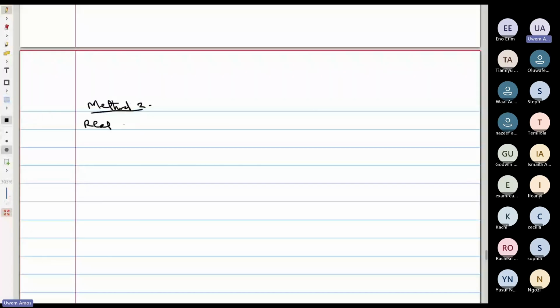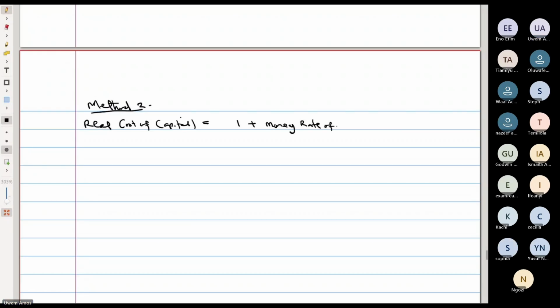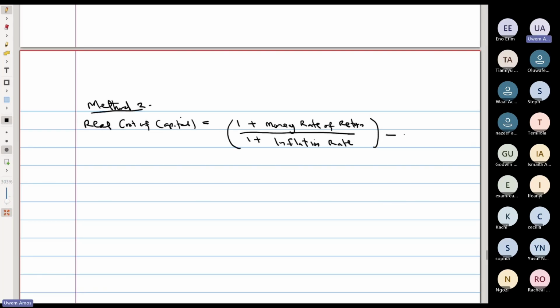So the real cost of capital is equal to 1 plus the money rate of return, divided by 1 plus the inflation rate, minus 1.